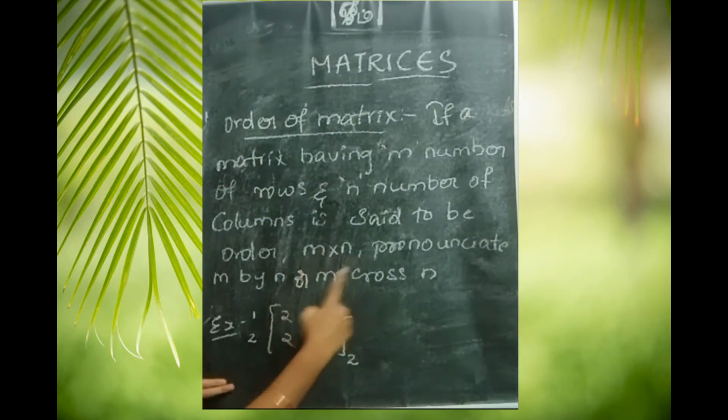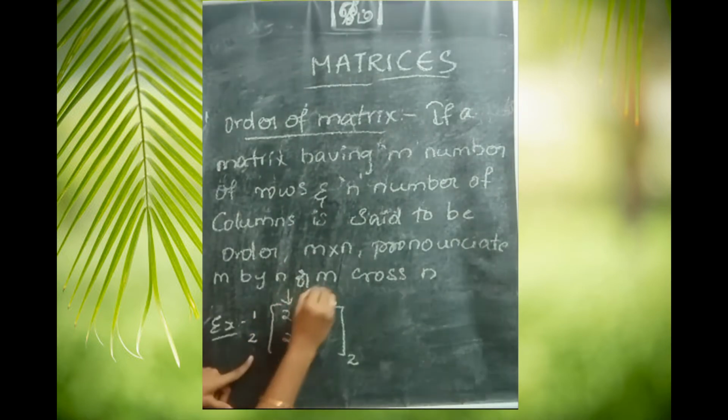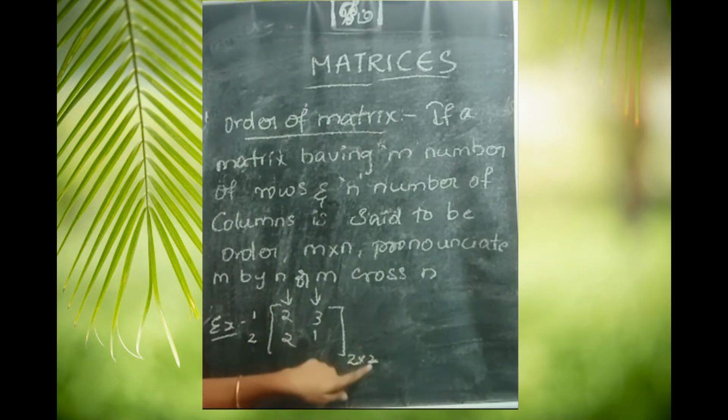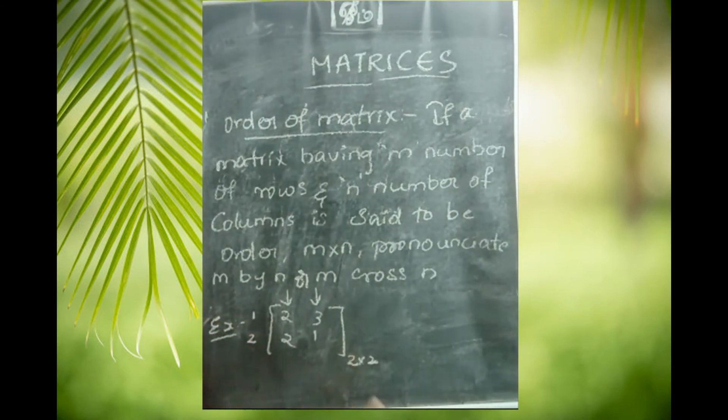M by N, right? First we have to represent how many rows are there? 2 rows. Here how many columns are there? 2 columns. So this is the matrix having 2 by 2. The order of this matrix is 2 by 2. What we have to say? The order of this matrix is 2 by 2.